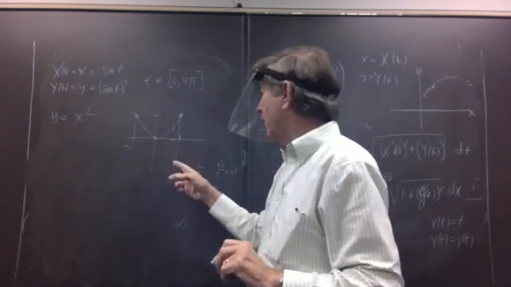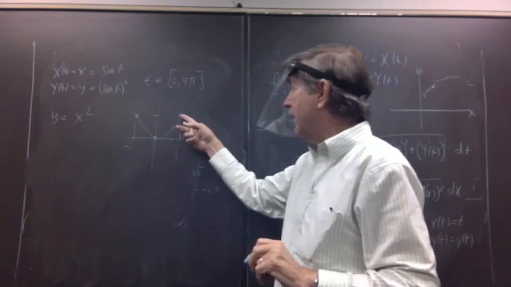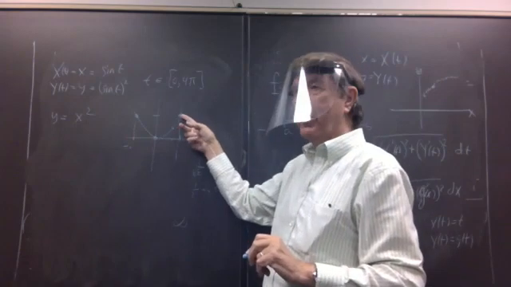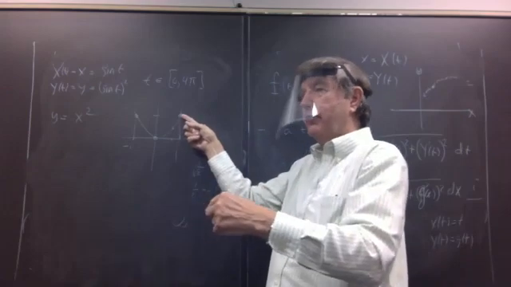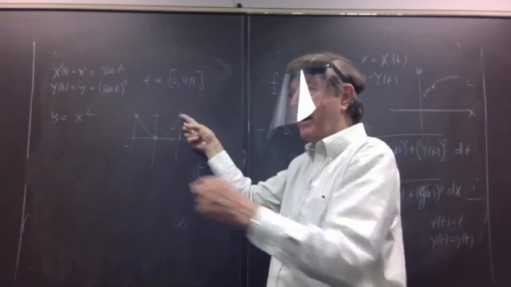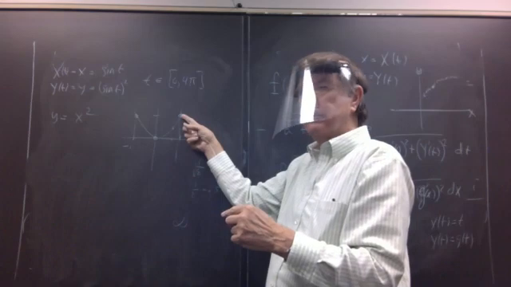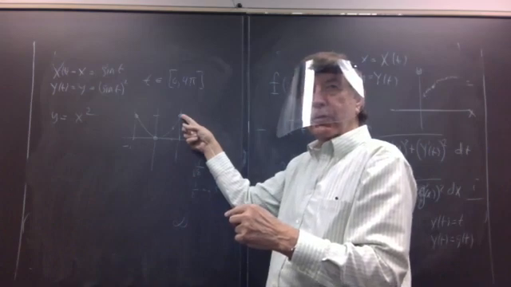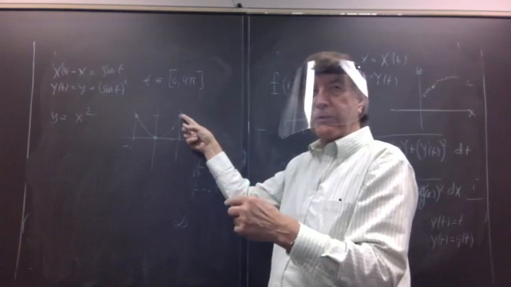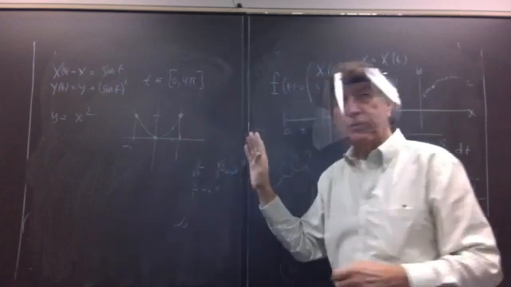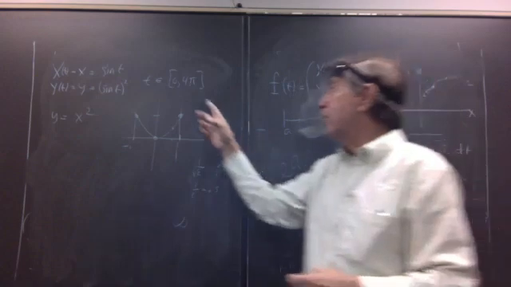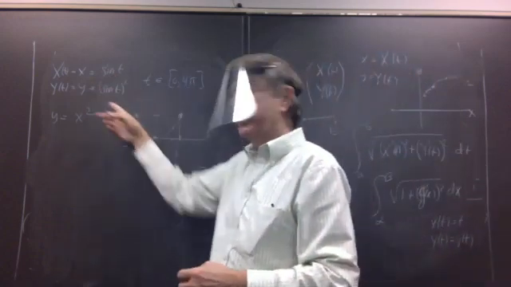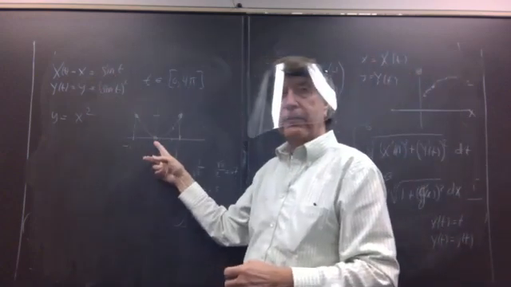Namely, when I get to pi over 2, we said I'm at 1, 1. What happens when t is bigger than pi over 2 and less than pi? Well, the sine is still positive, but as the angle increases, the sine of pi is 0. So if I would put pi in here, I get 0, 0 again, I'm back here.